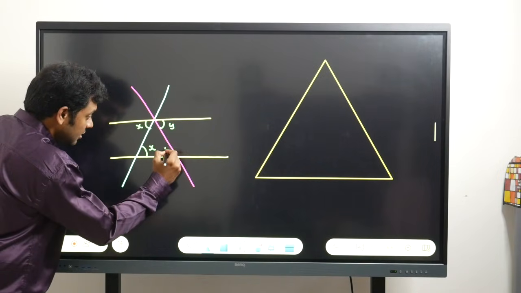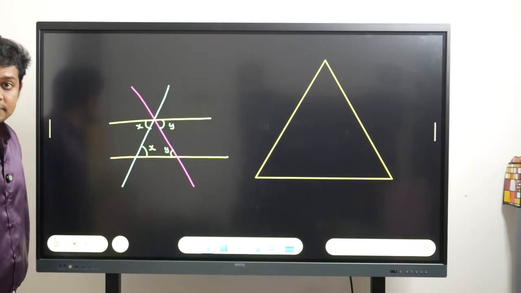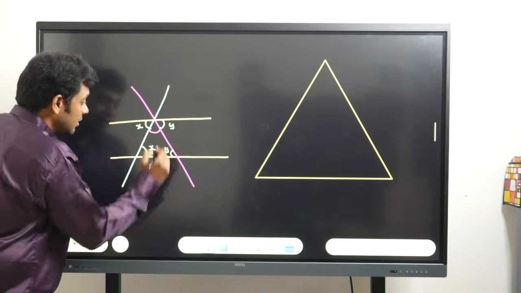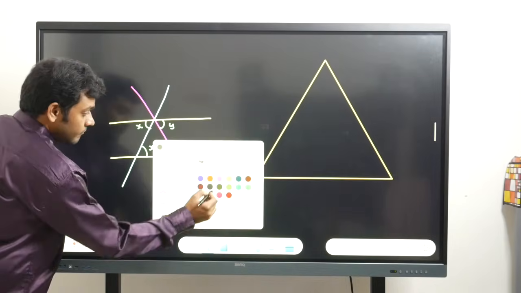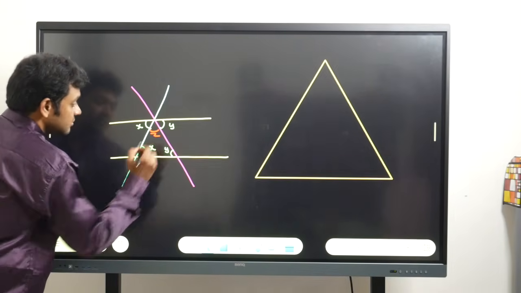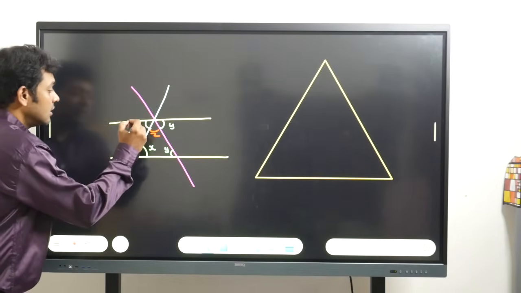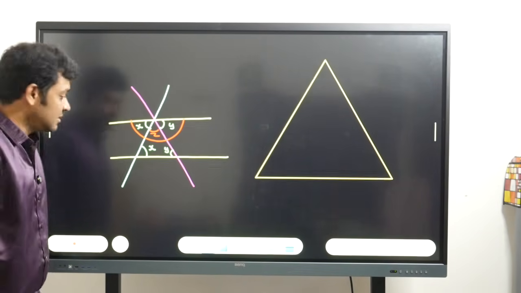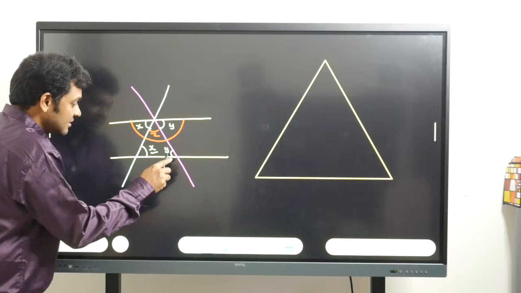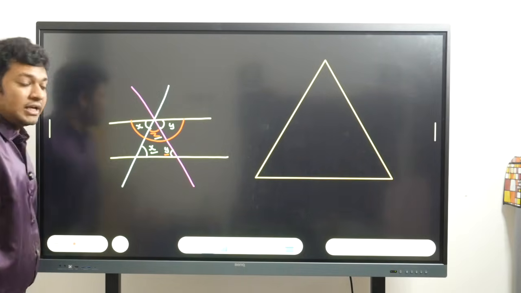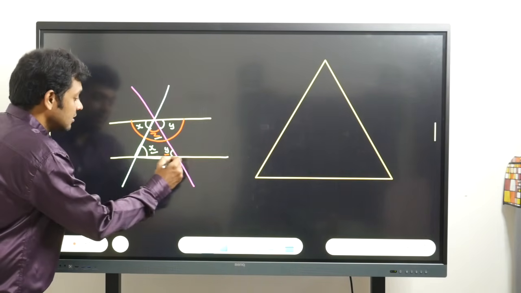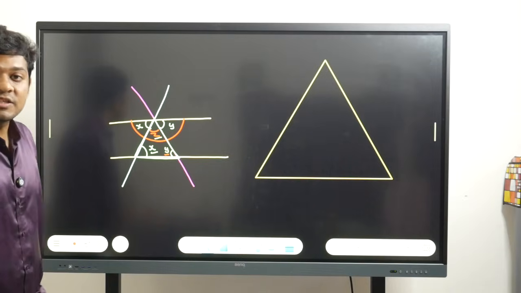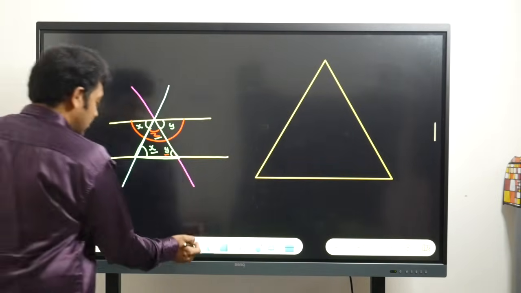If this is y, this will be y. So now this is going to be the common angle. This angle is z. We know this angle x plus y plus z will be 180 degrees. Therefore, we have x plus y plus z is 180. That is why the sum of the angles in a triangle, x plus y plus z, is 180. So coming back to this.